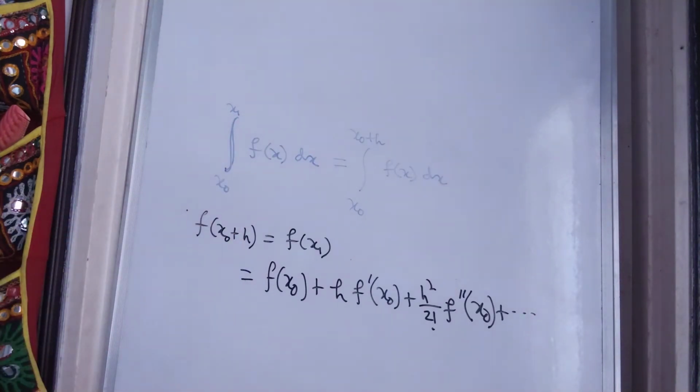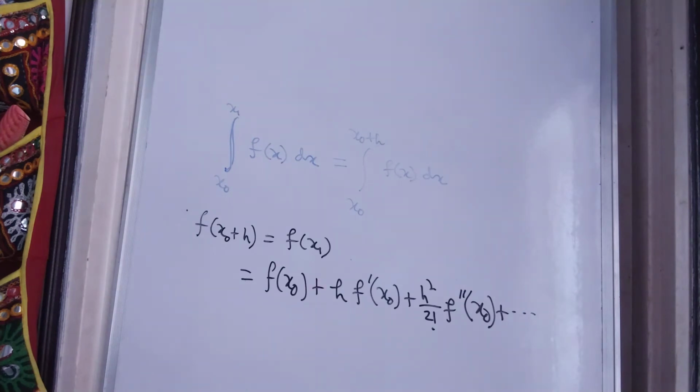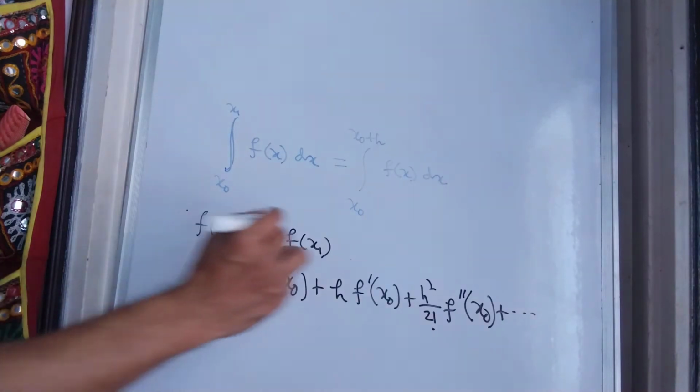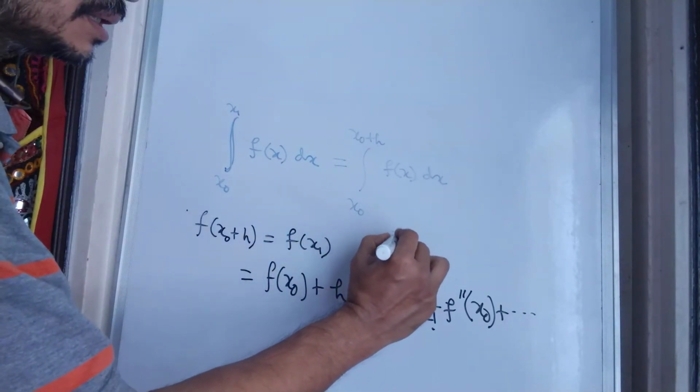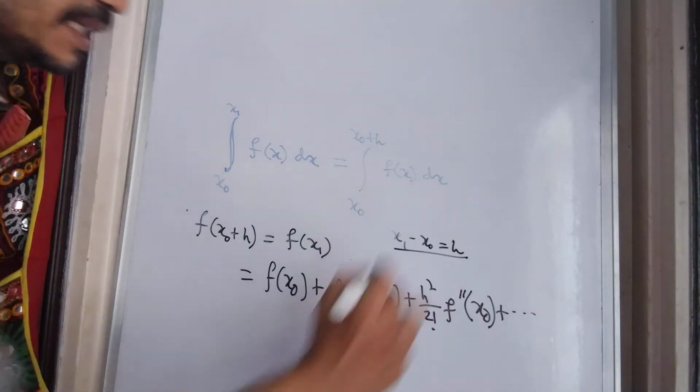Now if we replace this value of fx in terms of this expression, where we actually tend to put x1 minus x0 is equal to h.